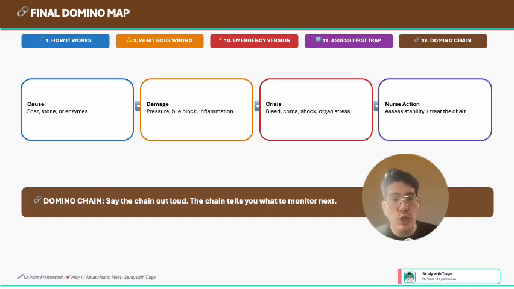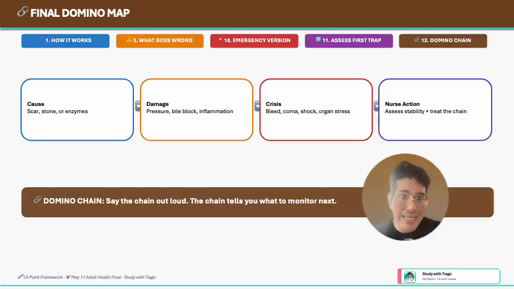Ascites can go low albumin and portal pressure to abdominal fluid, to shortness of breath or infection risk, right? The chain tells me to monitor weight, girth, respiratory status, pain, fever, and blood pressure after fluid removal.